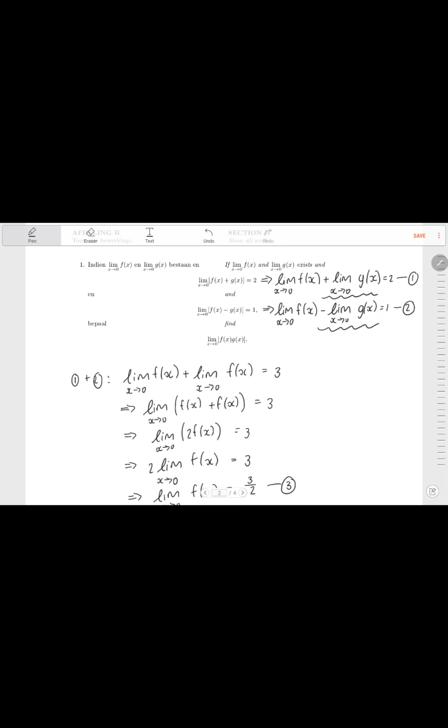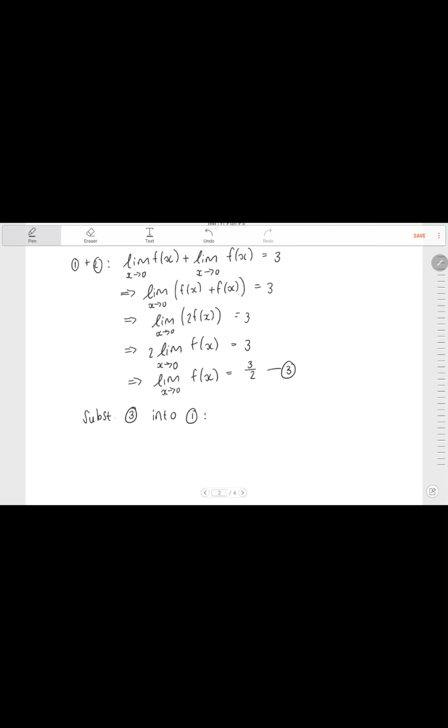I'm just going to replace the limit as x approaches 0 of f of x with 3 over 2. So I have 3 over 2 plus the limit as x approaches 0 of g of x equals 2. So that means that the limit as x approaches 0 of g of x will be a half.